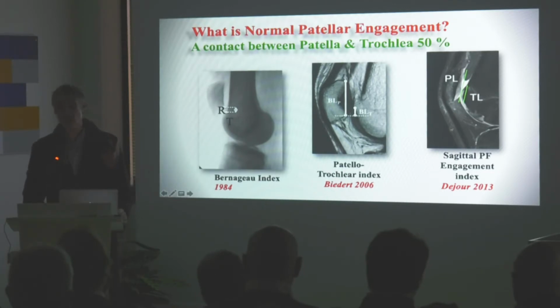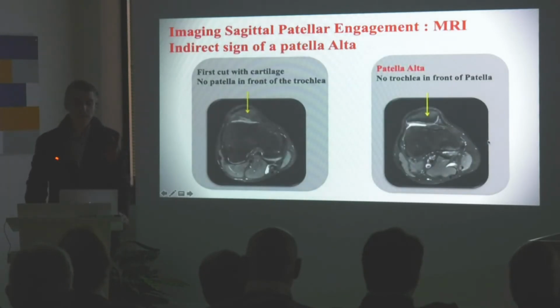So that's why we changed a little bit the way to measure this sagittal engagement index in 2013. And it's a good value to show if your patella is in the trochlea or not, even if you have a patella alta or not. So you will see later why it is so important.